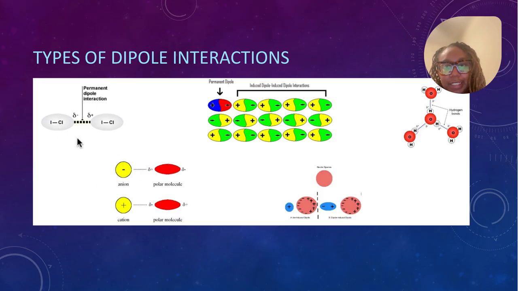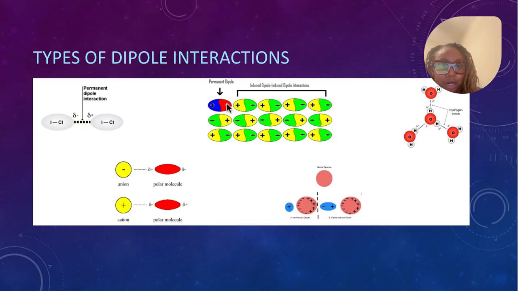Okay, so you've got dipole. And this is considered a permanent dipole, by the way, because it's an actual dipole. Then you've got some induced dipole interactions where they're basically between themselves, and it's kind of partial positive, partial negatives, and just kind of happening.